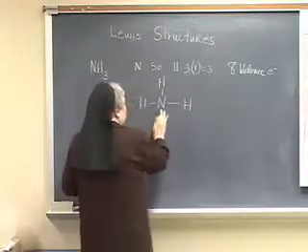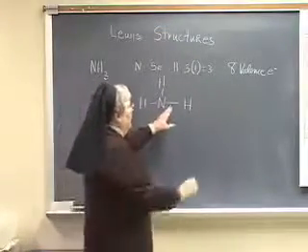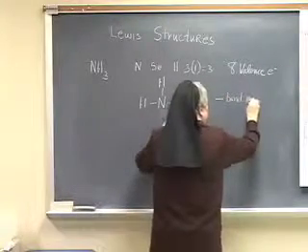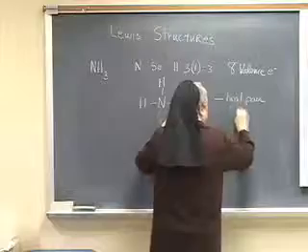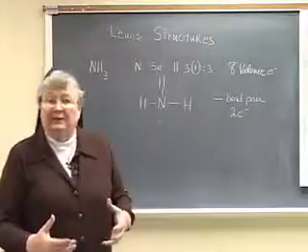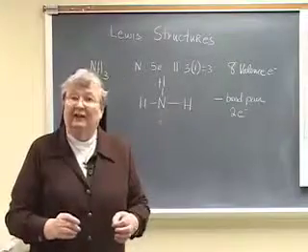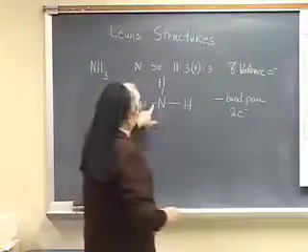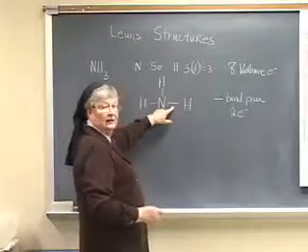And what this line represents is a bond pair, so it consists of 2 electrons. I like to use lines for bond pairs, but you must understand that's really 2 dots or 2 electrons in there. So in doing that, I have used 2, 4, 6 electrons.